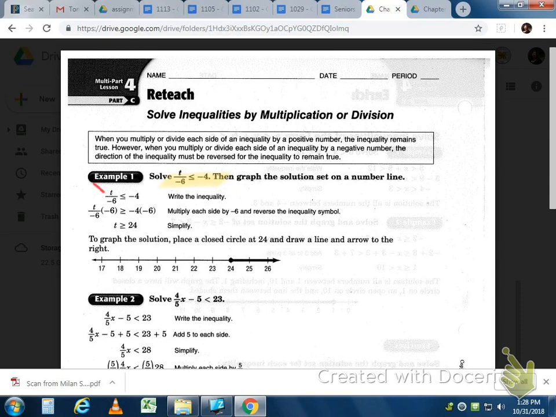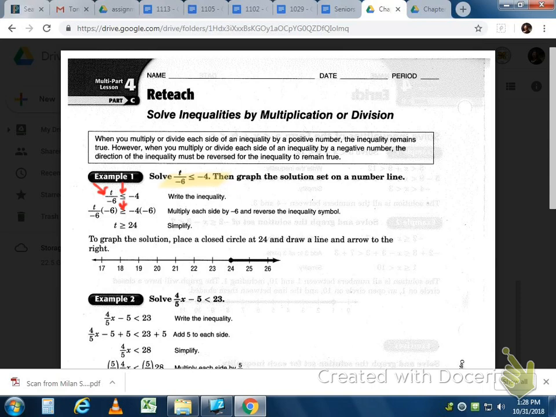Well, that is a division right there, so you solve it by multiplying both sides by -6. But since we're multiplying by a negative, this inequality, you see how it switches around? It has to become greater than or equal to. So if you're going to multiply or divide by a negative, you have to flip around that inequality.